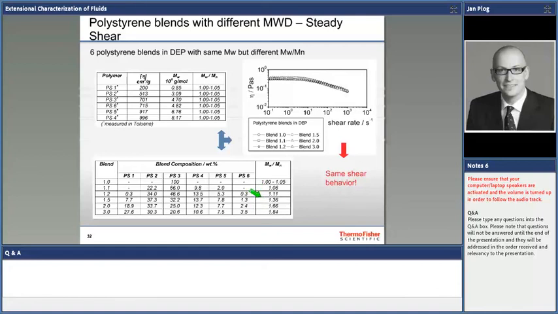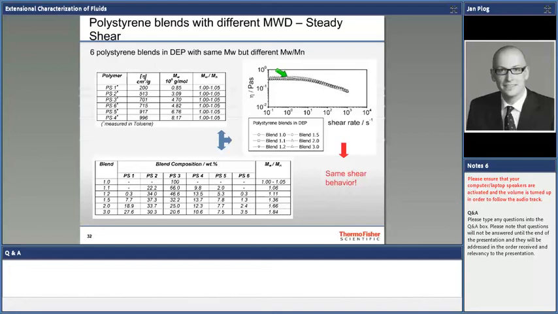However, the polydispersity, meaning the width of the molecular weight distribution, differed. Then we tested those differently distributed polymer blends in solution in shear, for instance, and you see that the shear curves are always the exact same, because the shear viscosity is a function that actually is looking only at the weight average molecular weight.